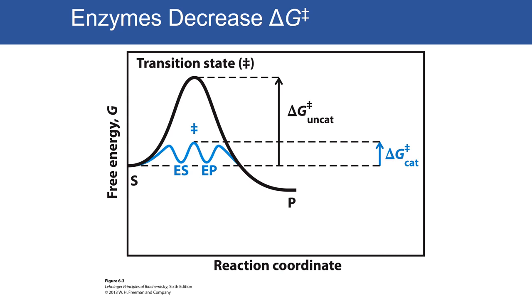Enzymes do not affect the equilibrium, which is very important to note. They only decrease the activation energy, which increases the velocity, or the reaction rate, of these products. Slow reactions face significant activation barriers, or delta G daggers, and they have to overcome those in order for the reactions to proceed down to products.